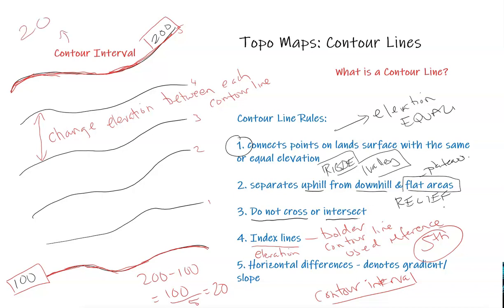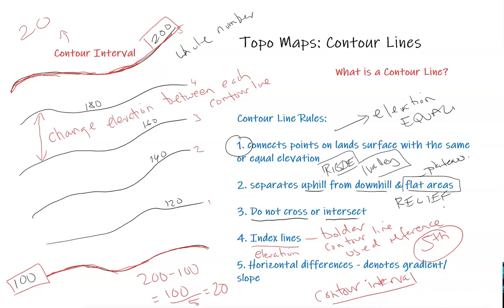So we can actually put the numbers in. If you want, you can put in 120, 140, 160, 180, and 180 plus 20 is 200. So that works out. You can do that with any values, but the contour elevations will be whole, large, easy-to-use numbers.